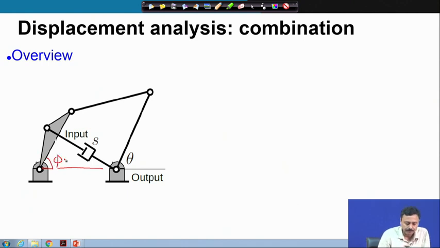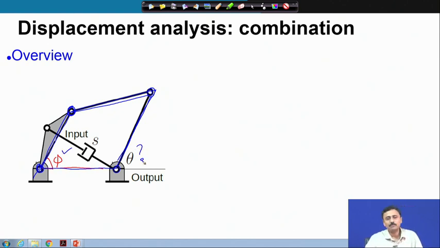If this is phi, then we can look at this 4R chain, where phi is known, we have to find out theta, which is a problem which we have already solved. Therefore, using 2 steps you can find out theta given S. So, first we find out phi and from there we find out theta.